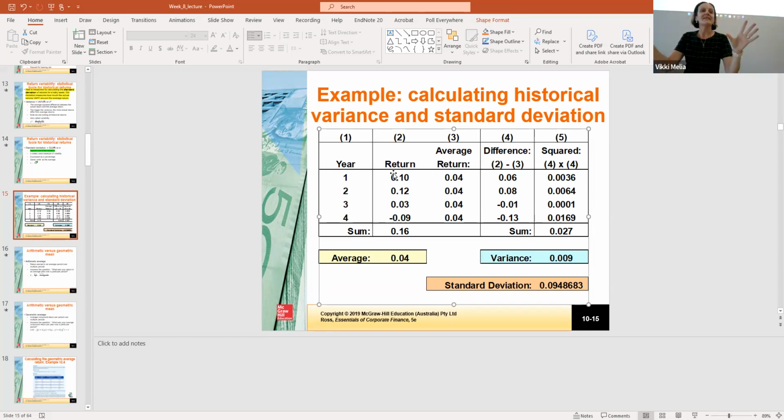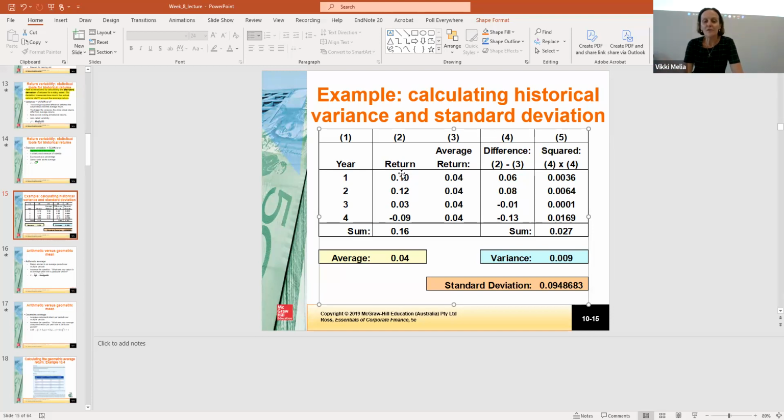Step 1 is calculate the average return. I've got the actual returns here in column 2. The average return means add them all together and divide by the number of observations.